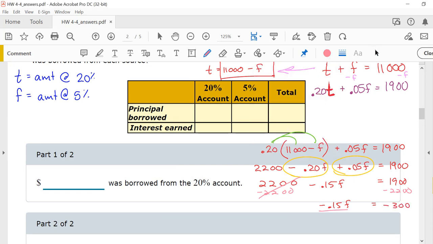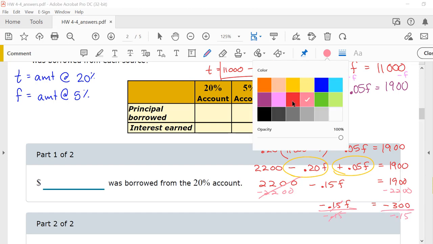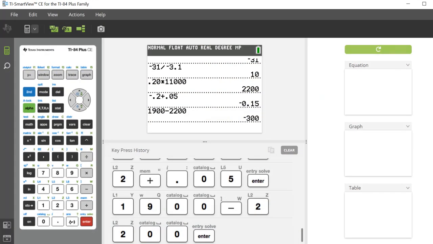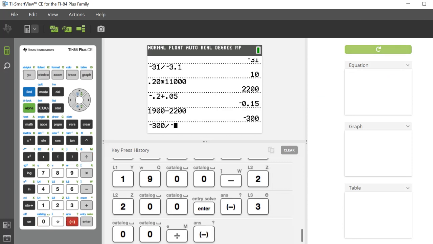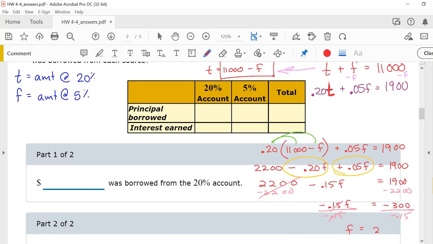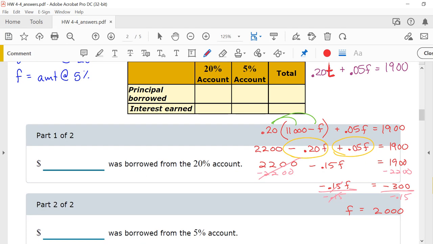Dividing both sides by negative 0.15, I get F equals negative 300 divided by negative 0.15. I get 2000. So the amount borrowed from the 5% account, because F was the 5%, was 2000.